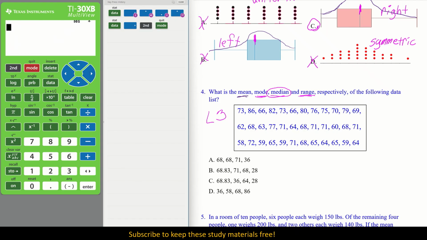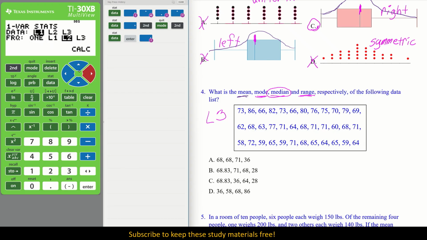So I'm going to go second mode. And before I even look for the mode, I am going to look for my mean. So that is second data. That gets me to stats. Okay, I want one variable, because that's really actually what I'm using. So how do you do that? Well, my data is in L3.